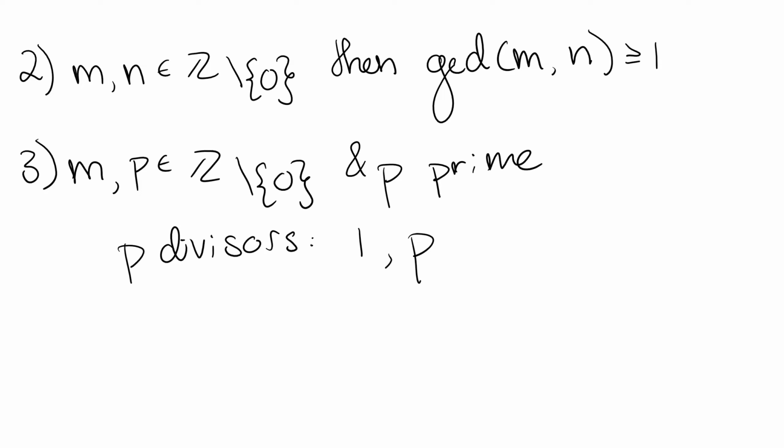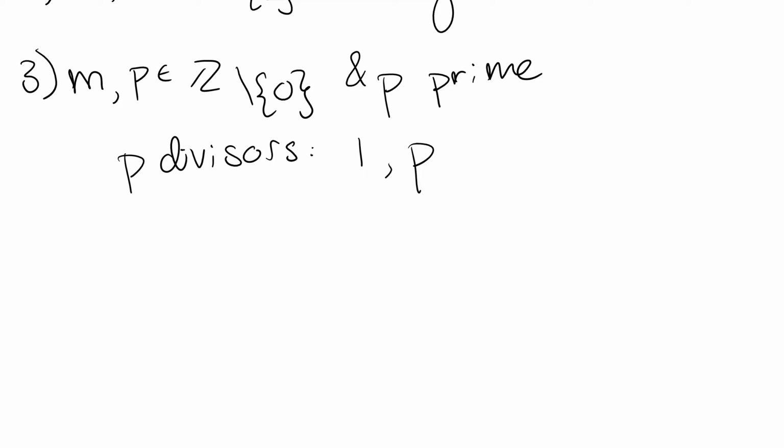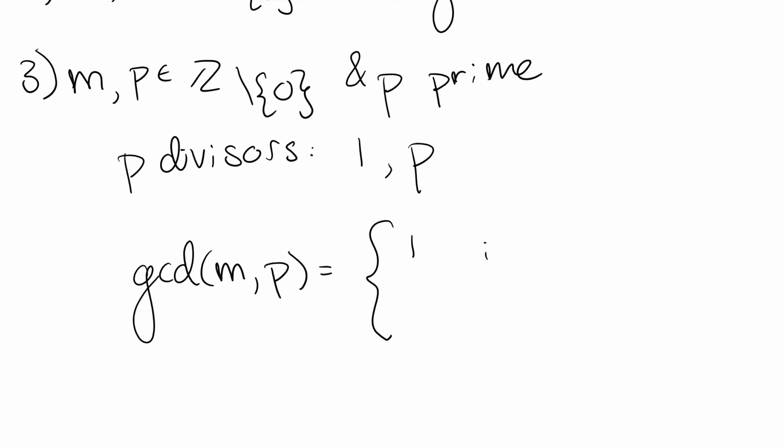That's the definition of being prime. So what do we end up getting? Well, now GCD of m and p only has two options. So 1, if p does not divide m, and p if p does divide m.